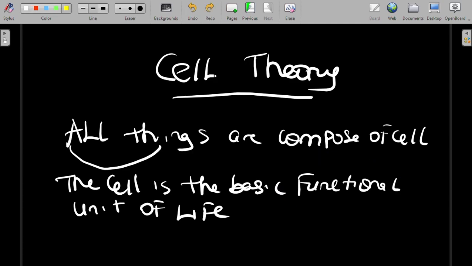How you eat, how you digest food, how you interpret information, everything you do, everything that makes you up, why you touch a hot plate and you immediately drop it, the cell will explain that in the nervous system. So the cell is functional. Everything about your body is what we call functioning, and this functioning is composed of cells.